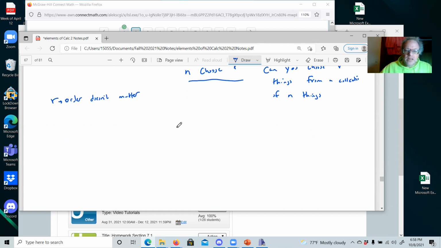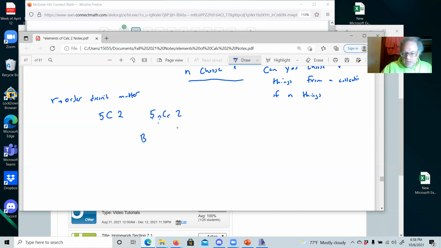The notation here is 5 choose 2. Your calculator will say 5 nCr 2. We have a collection of 5 things and we want 2 of them. We could pick 13 choose 8, it doesn't matter, but I'm going to do 5 choose 2 because we're going to count them.